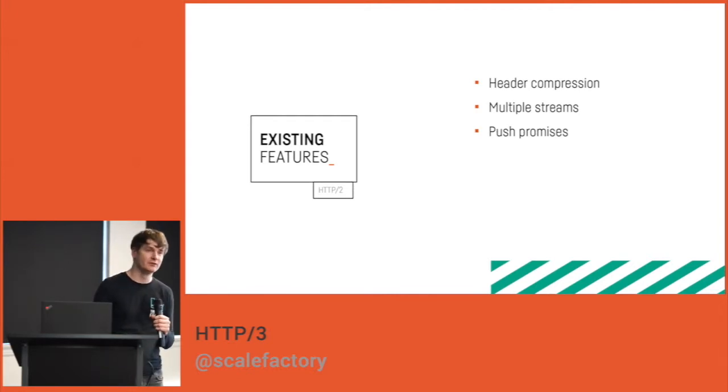You get multiple streams that are managed by the web server and which are prioritized by the sending end, the web server, rather than by your client. And you get push promises, which are a fantastic feature where the web server can say, hello, I think you might have wanted to ask for this style sheet as well, here it is, which brings a big performance benefit. So you get all of those with HTTP 3.